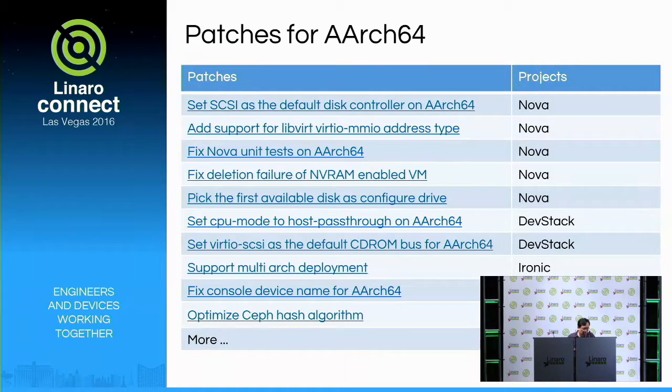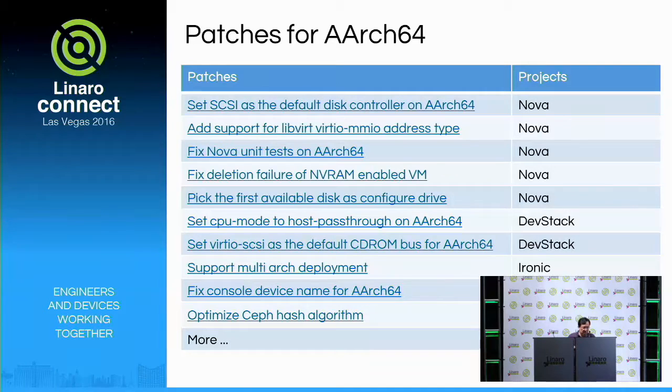This patch optimizes the Ceph hash algorithms, because every object is hashed for quick lookups, but we found the hashing code was not very good. So we changed some of the code and verified it on both x86 and Aarch64. We found that after optimization, the performance gain on Aarch64 is good, about 20%. We proposed this patch, and it's already merged.